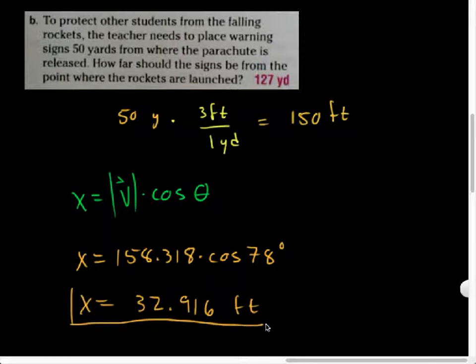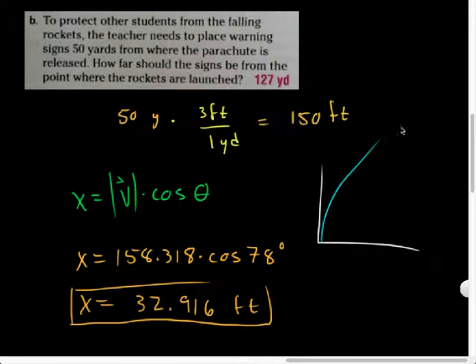So this is horizontally how far over the rocket had traveled. Imagine we launched our rocket and right here it releases the safety parachute, and then the rocket comes down. What I'm claiming is that this horizontal distance is 32.916 feet.